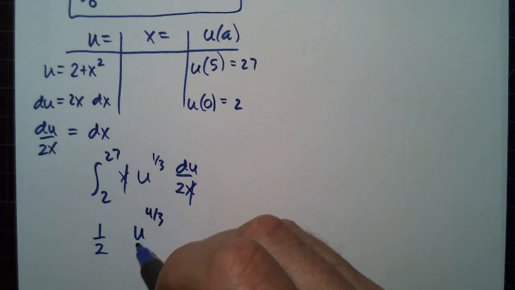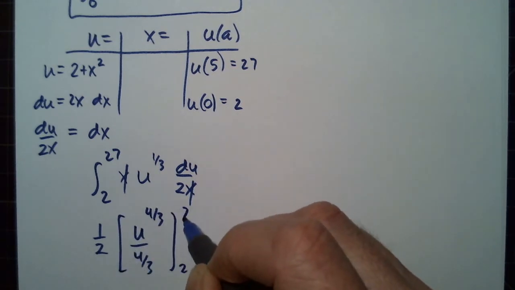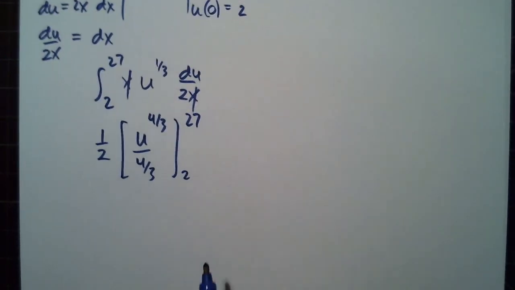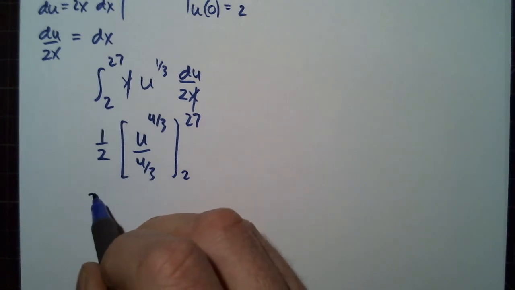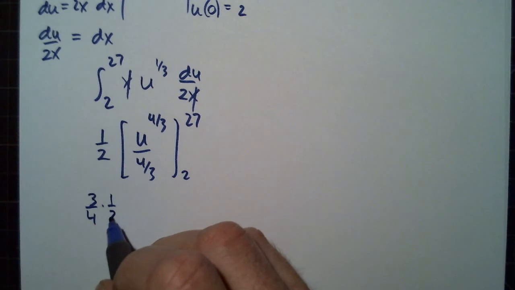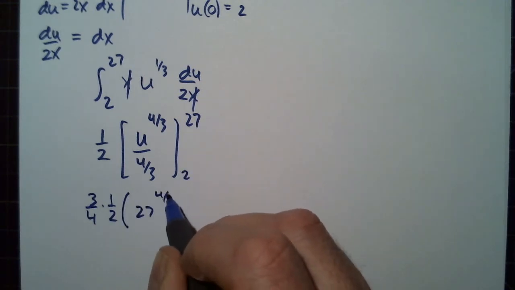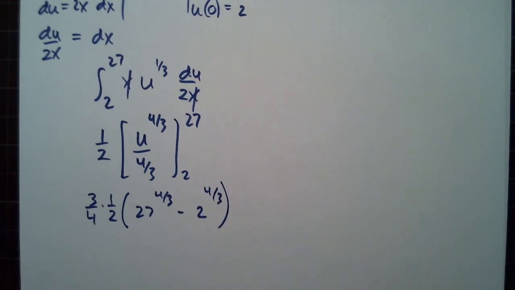We have 4/3 over 4/3, integrating from 2 to 27. Let's take this out in front as a 3/4. And then we do 27 to the 4/3 minus 2 to the 4/3.